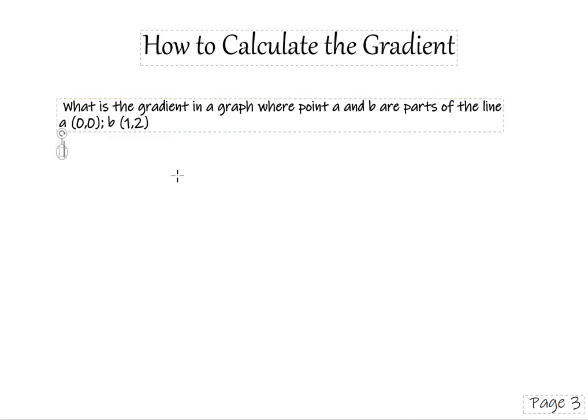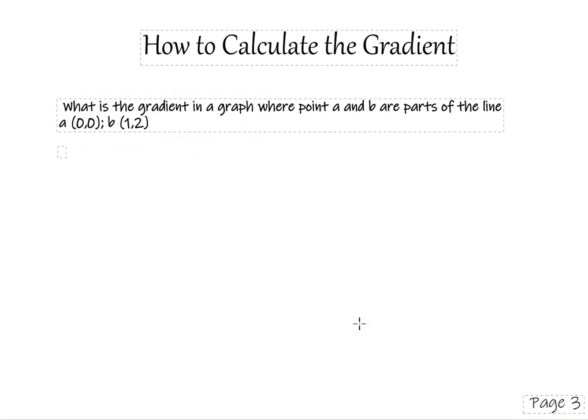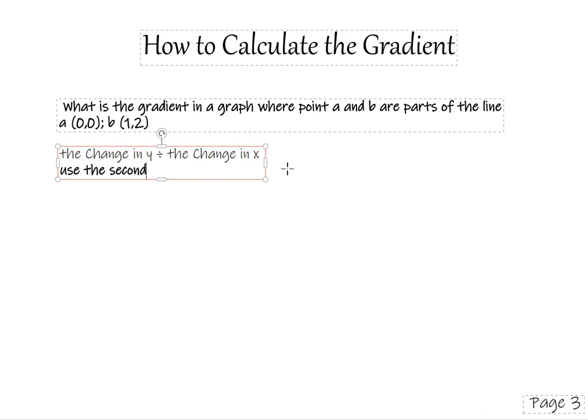But the good thing is, using the equation we have here, the change in y divided by the change in x. That is how we do it. For the change in y, you always use the second to subtract the first. That's very important, and I'm putting stars for this.